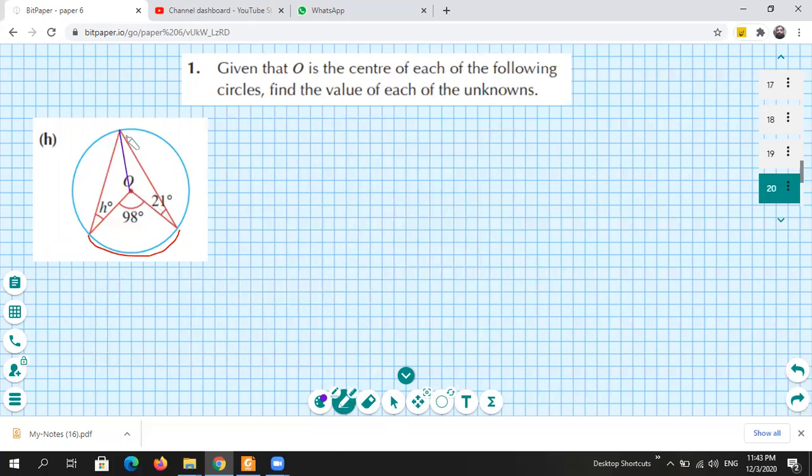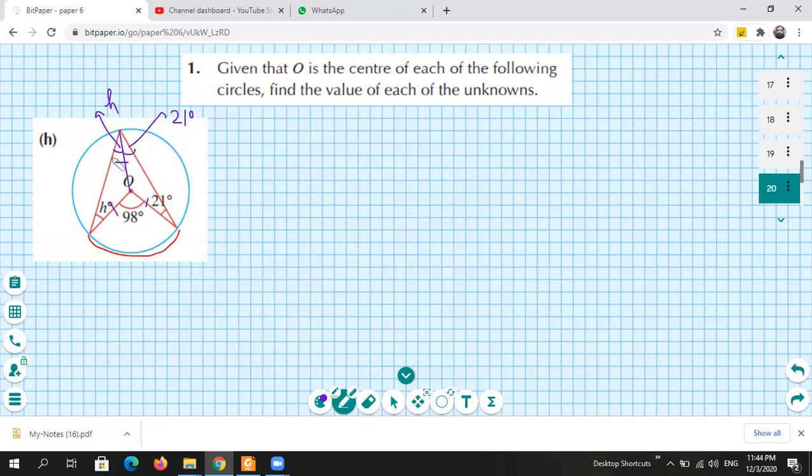Now you can see that this line forms two isosceles triangles, because this length and this length will be equal. Similarly, all of these lengths are radii. So it means this angle should be h and this angle should be 21 degrees.